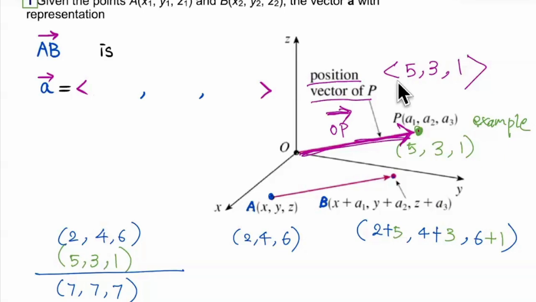If you move the vector, think about it as a stick, you move it to other places. It's a different position, but it's considered equivalent to this vector. So OP and AB are equal. The two vectors are equivalent.